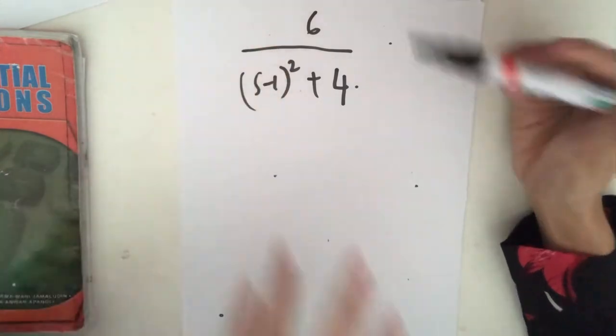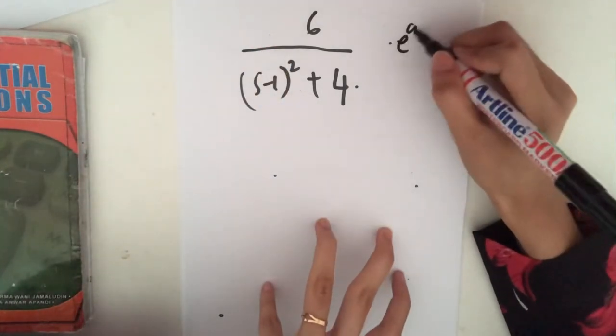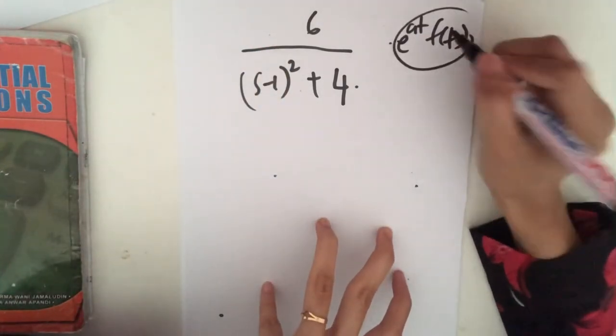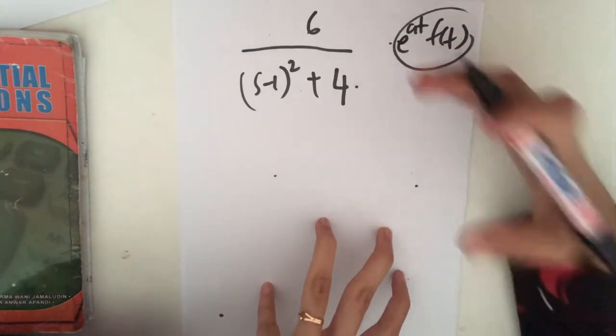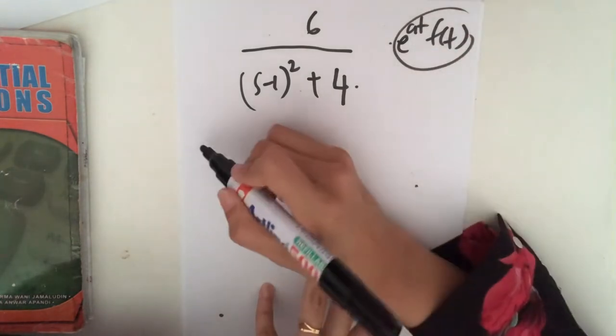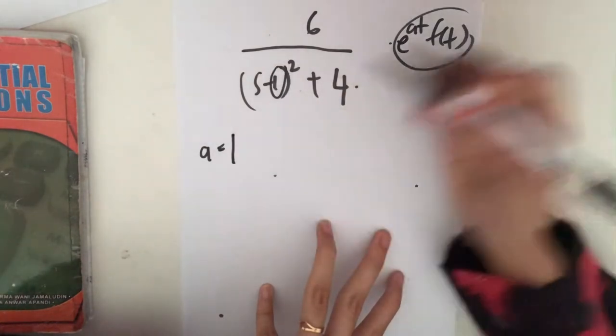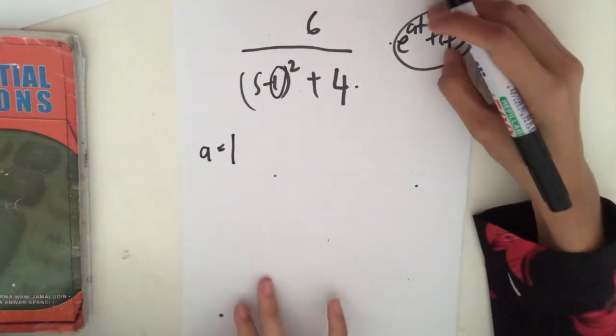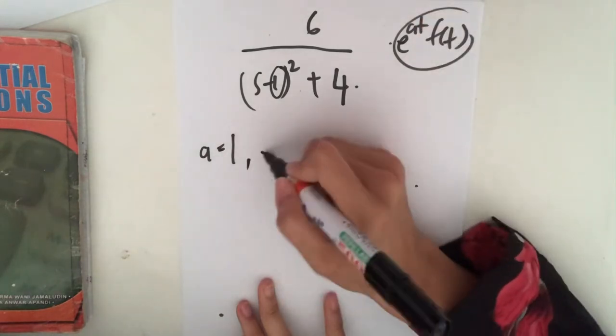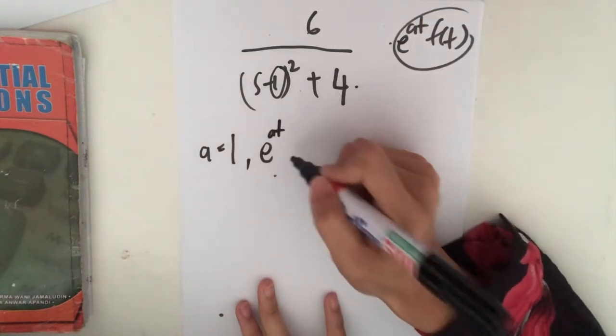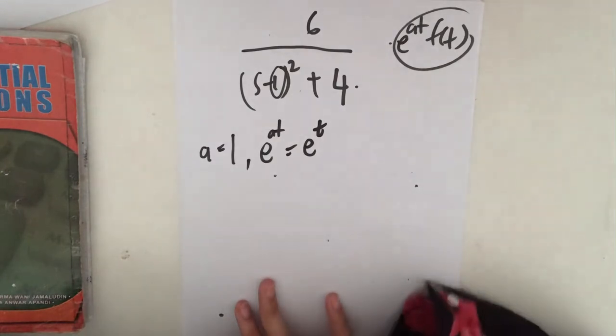So now your answer must consist of e^(at) f(t). What is your a here? Your a here is 1, so your e^(at) is equal to e^t.